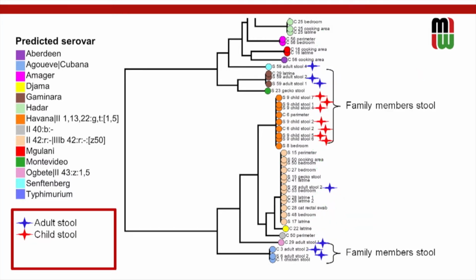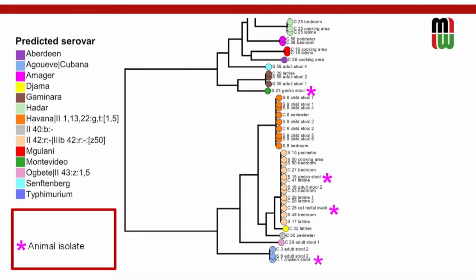These are the family member isolates that we found. We had roughly equal numbers in adults and children. Again, they concentrated in two parts of the tree, particularly around Havana and also around Cubana, but again, spread around the tree there and equally between adults and children.